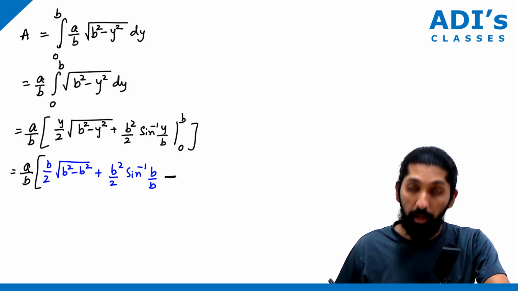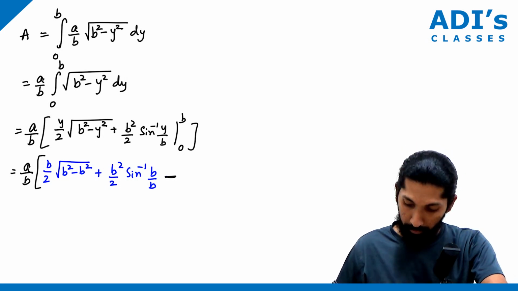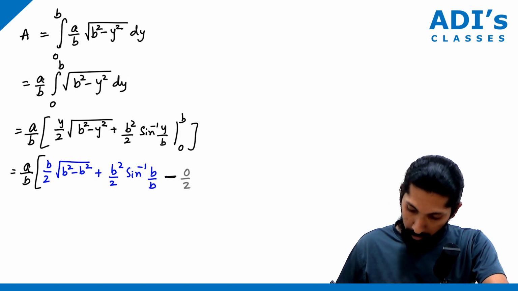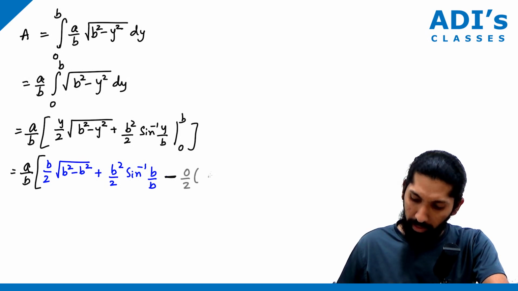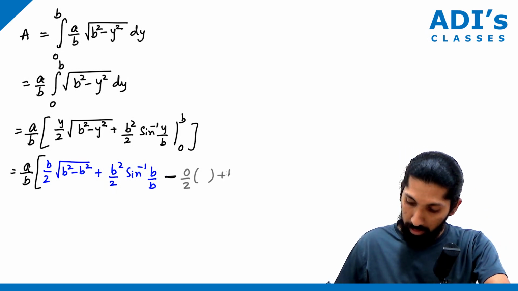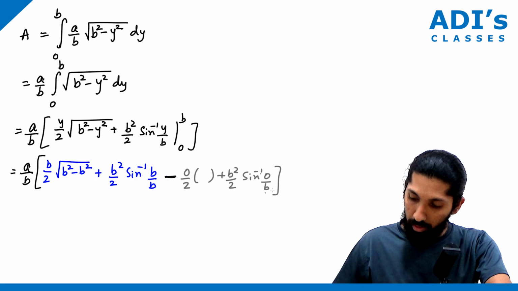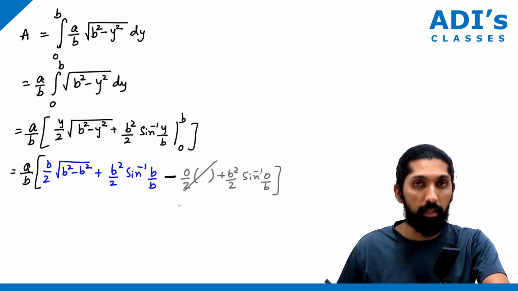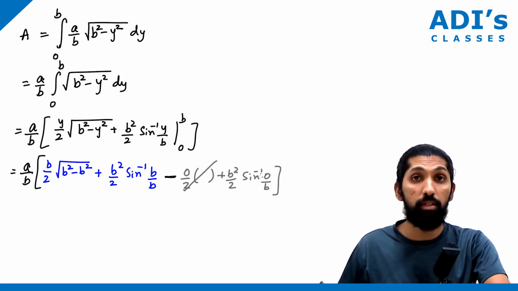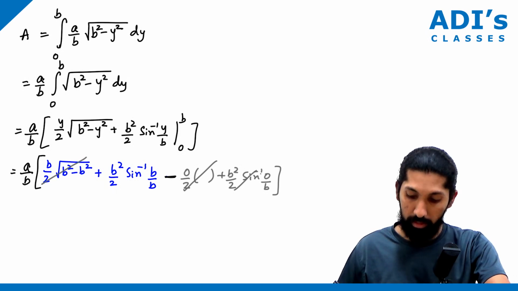Next we'll put the value of y as 0. 0 by 2 into anything is 0. Plus b square by 2 sine inverse of 0 by b. Here 0 by 2 into anything is 0. Sine inverse of 0 is again 0. b square minus b square is again 0.